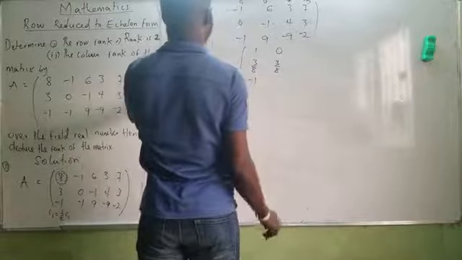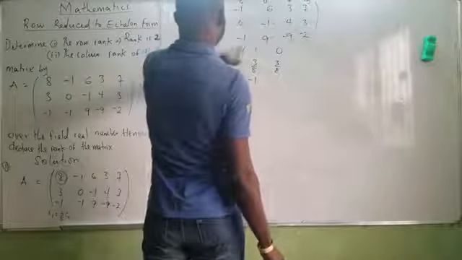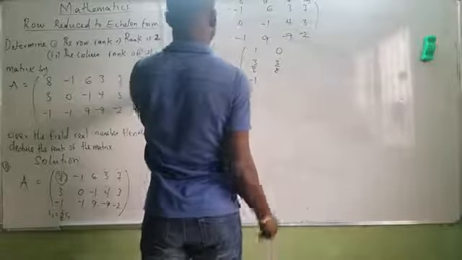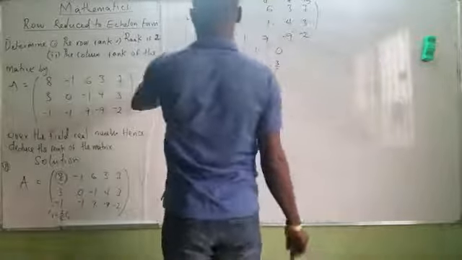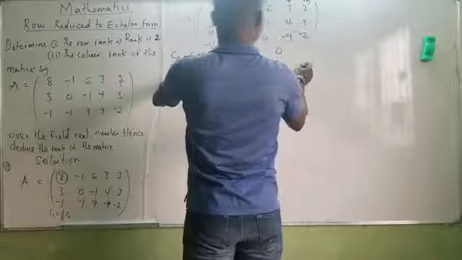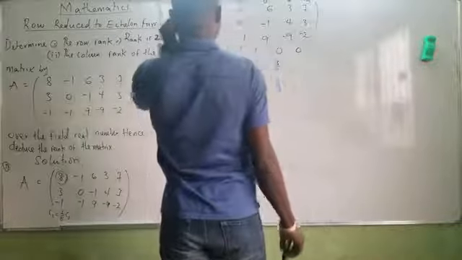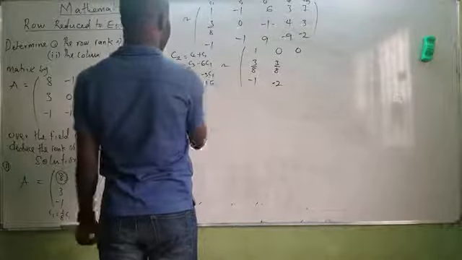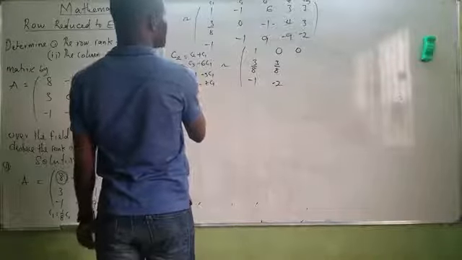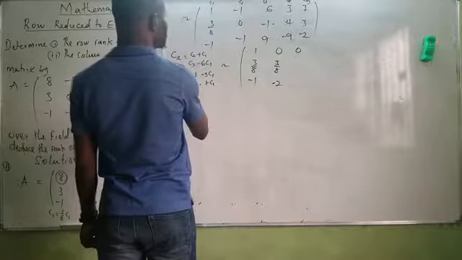And also column 4, this plus this plus this, will be minus 2. Now the next one will be column 3, which is going to be 0. It means I'm talking about column 4, right? Yes, I'm done.